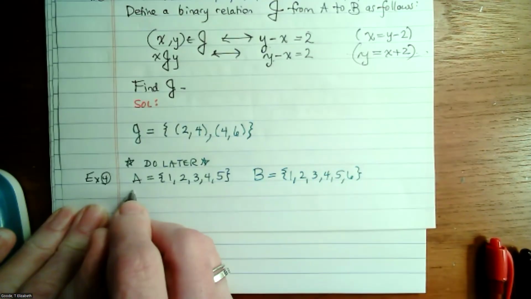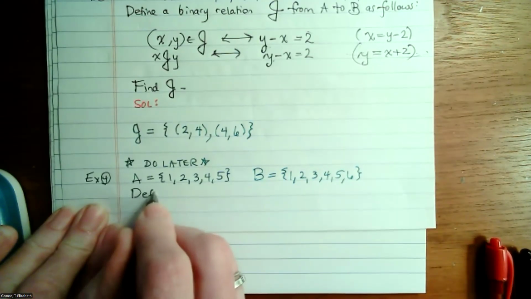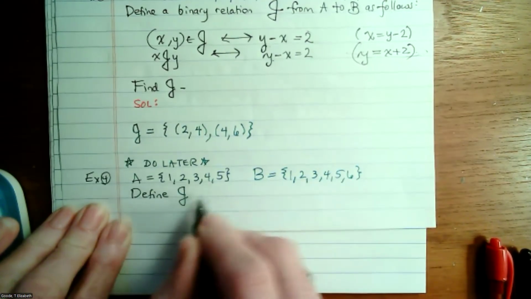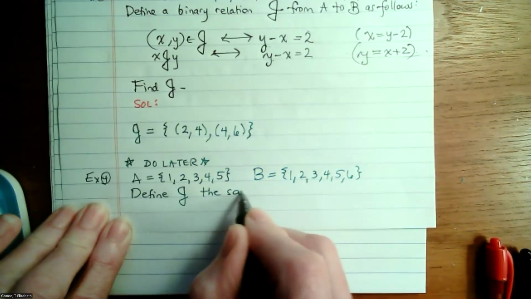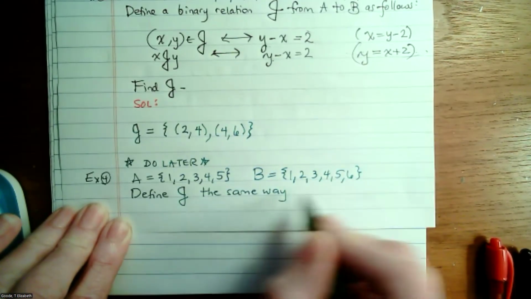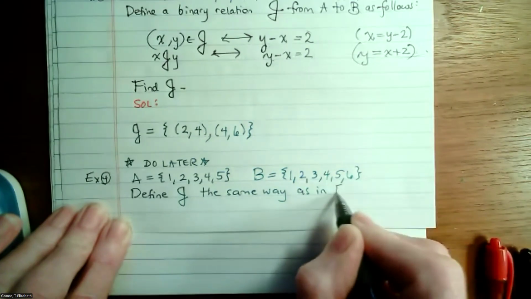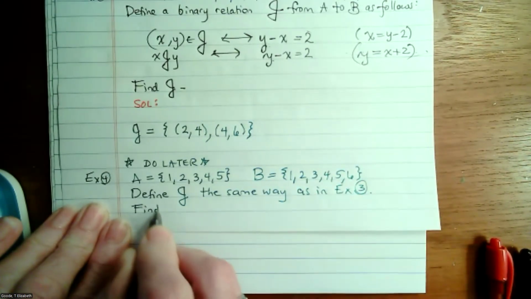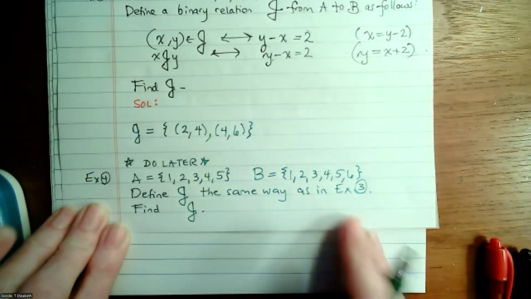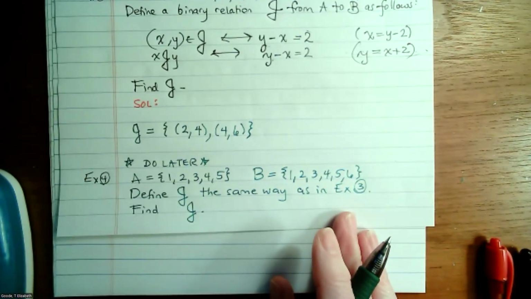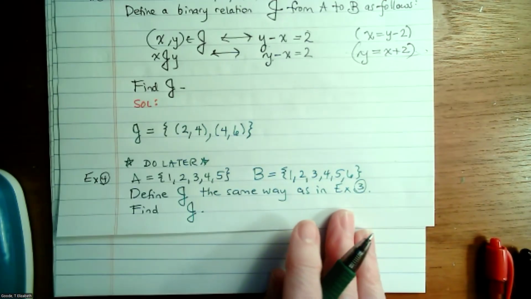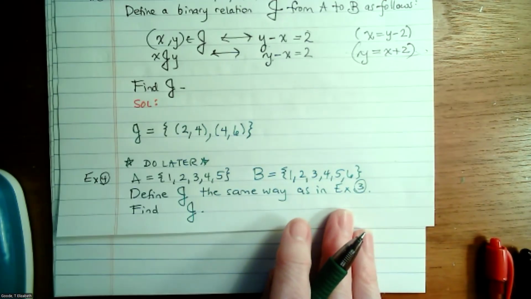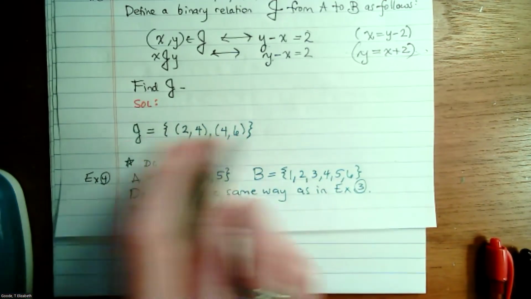And we're going to define J the same way as in example 3. You'll find J, and you'll have more ordered pairs than we did here.